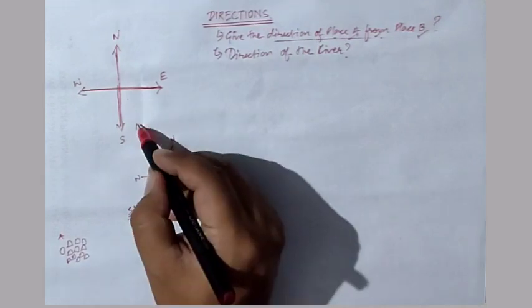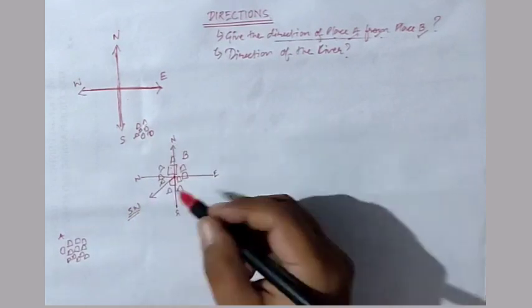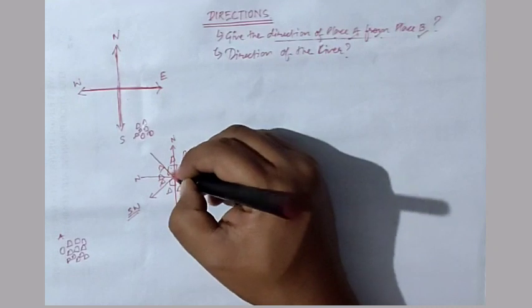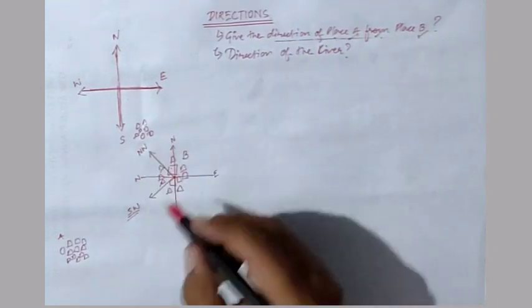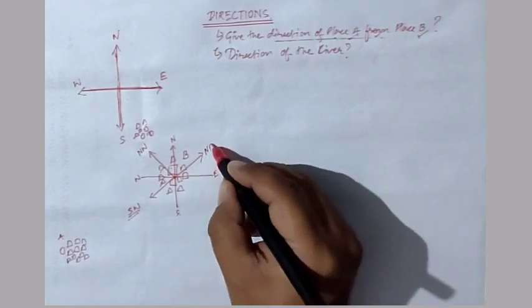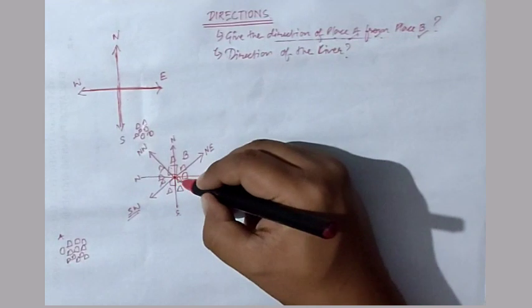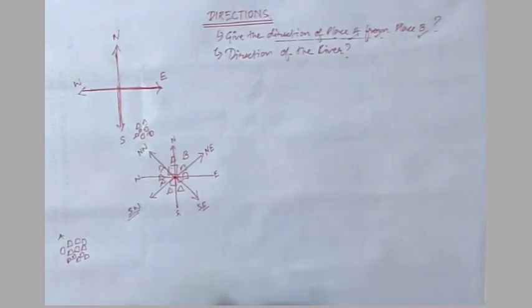Now supposing the settlement were present over here, then in between north and west it would be northwest. If it was over here, it would have been northeast. If it was in between south and east, it would have been southeast.